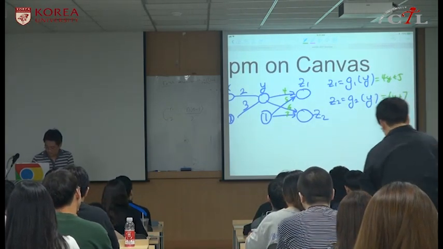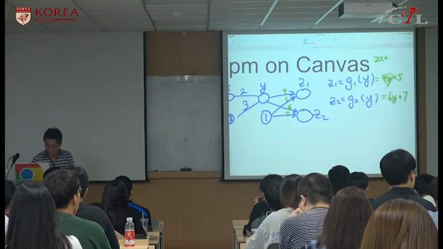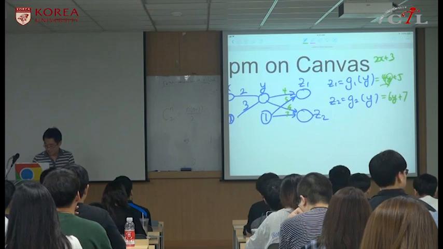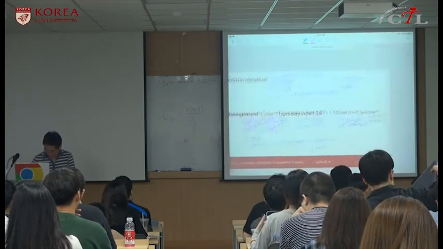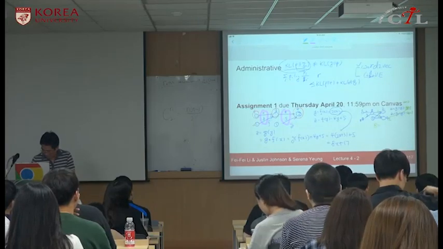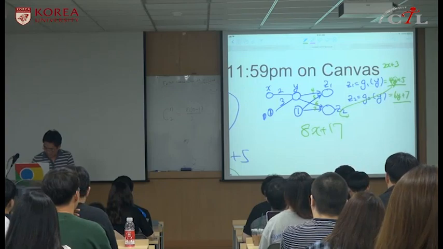And what was y? y is 2x plus 3, right? Let me just rewrite it. It's the same thing as this, right? And also, what about this?